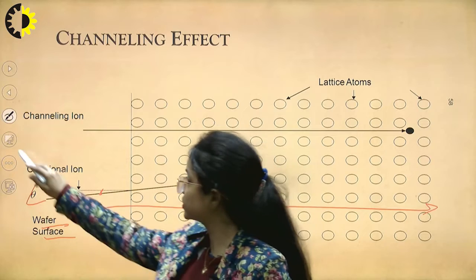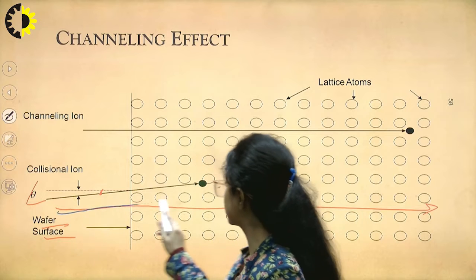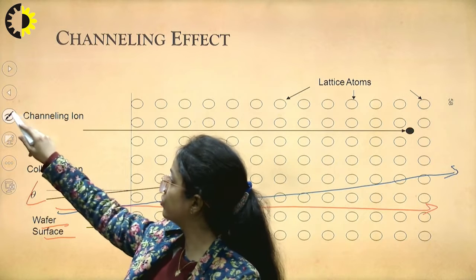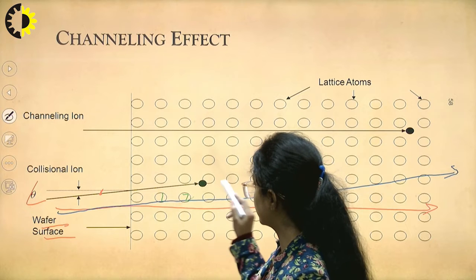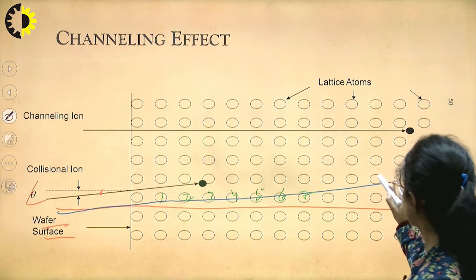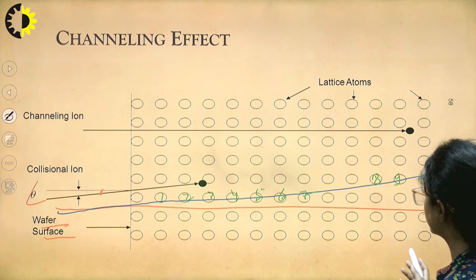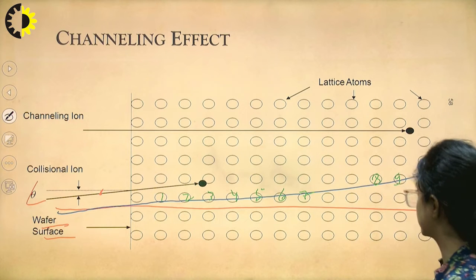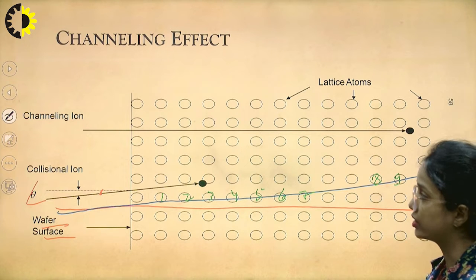If I deviate by a very small degree, we can see a small change. Let's count the number of collisions: first, second, third, fourth, fifth, sixth, seventh, and then again eighth, ninth and tenth. So out of a lattice having 15 molecules, there are 10 collisions. This is what is happening when we talk about the channeling effect.